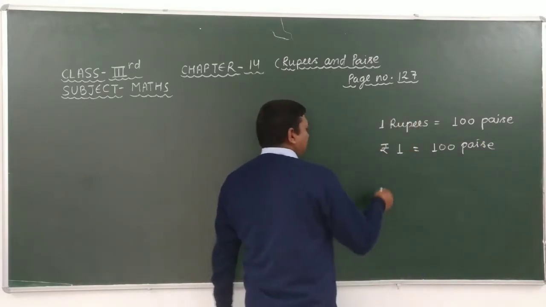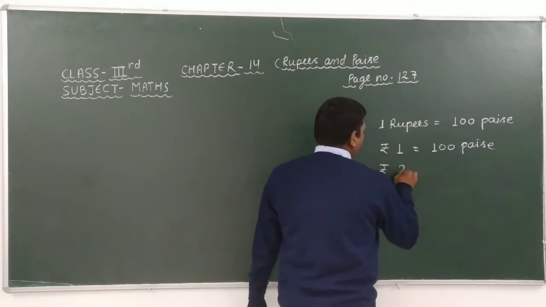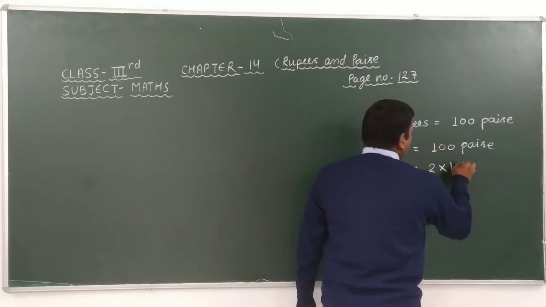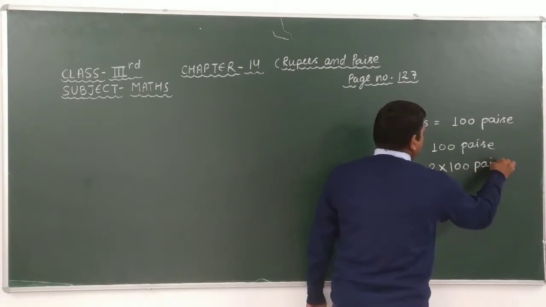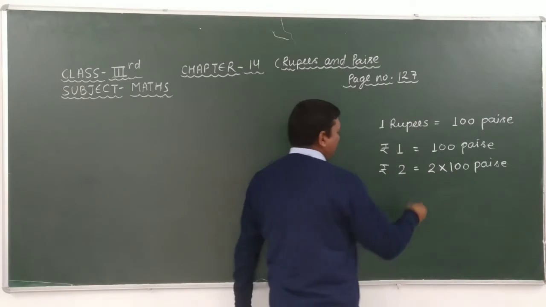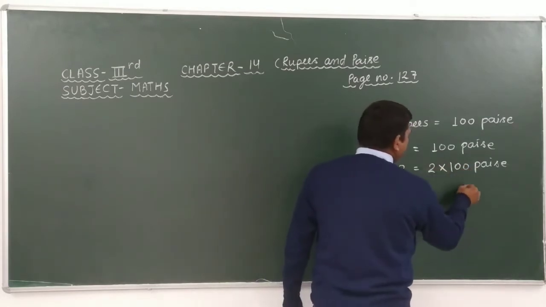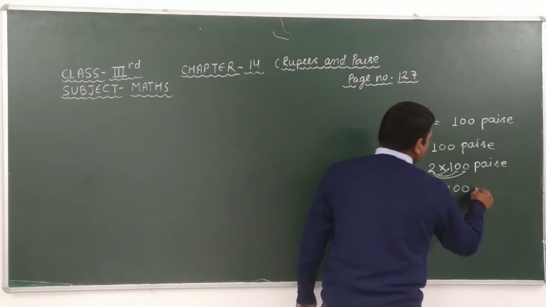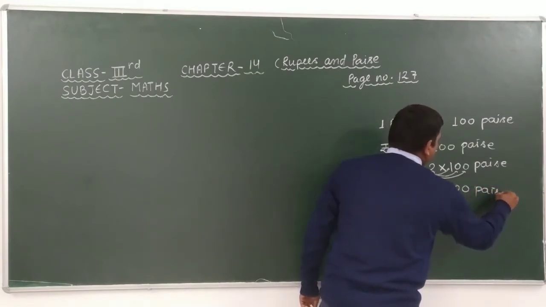Similarly, if we take 2 rupees, then we get 2 into 100 paise. It means that after multiplying these we get the total paise. 2 zeros are 0, 2 ones are 2. So after multiplying these we get 200 paise.